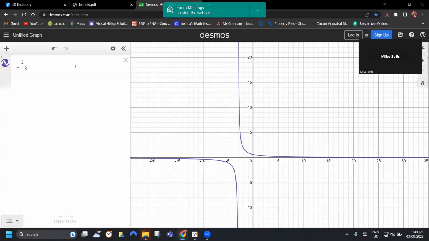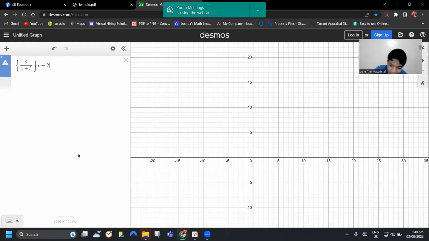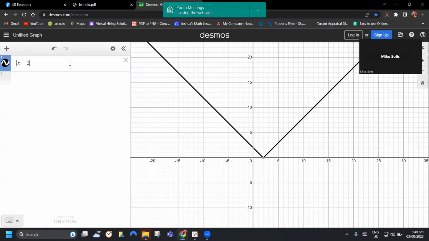Hindi pala siya gagana. What happened? So abs x minus 2. Ah, yung down, okay. So, dapat pag greater than or equal to.